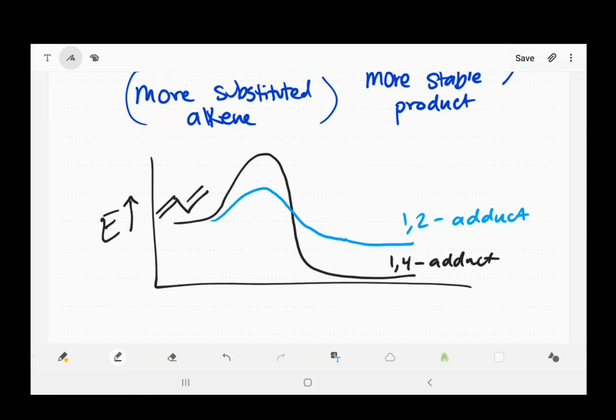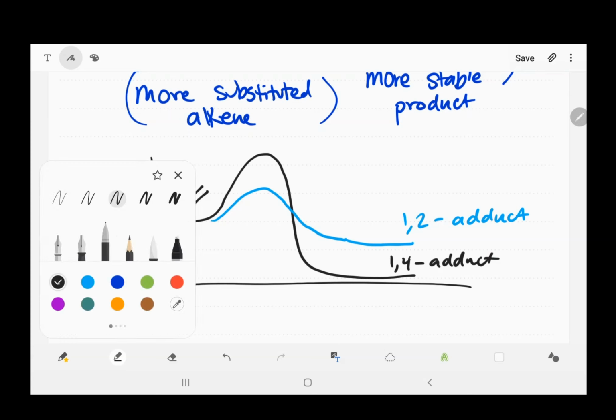But it results in a product that has higher, you could say, enthalpy or higher energy than the 1,4 adduct does. We're going to see a little bit about why this is, but suffice it to say that we're going to be able to choose the distribution of products we get by messing with the temperature. So we're going to see that we have terms for these.